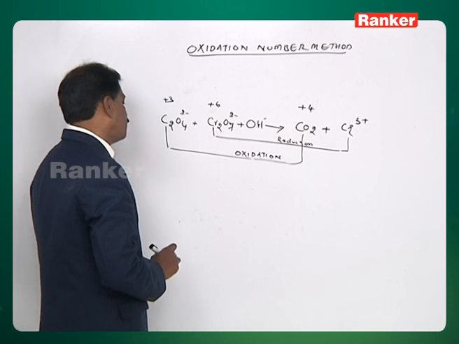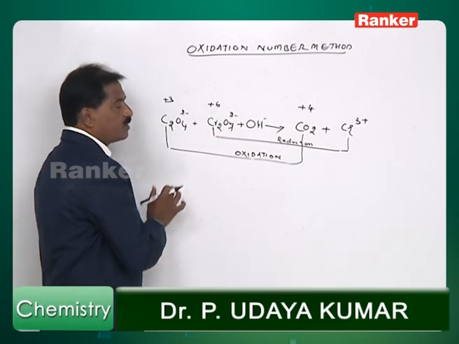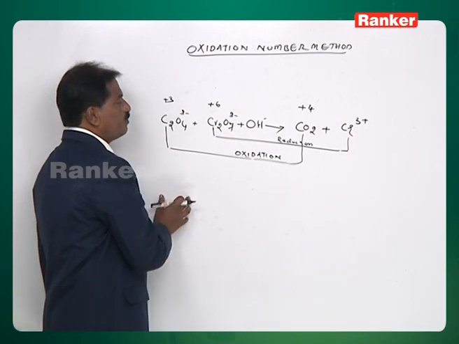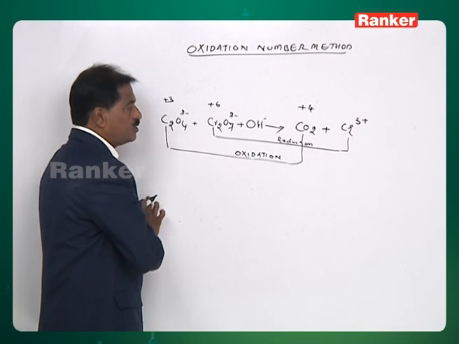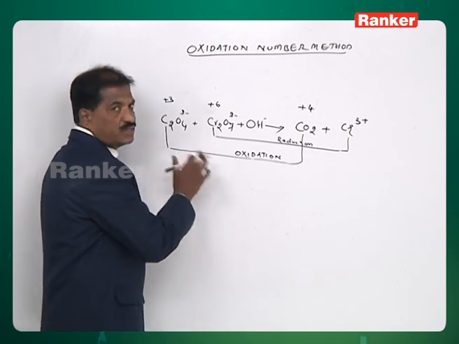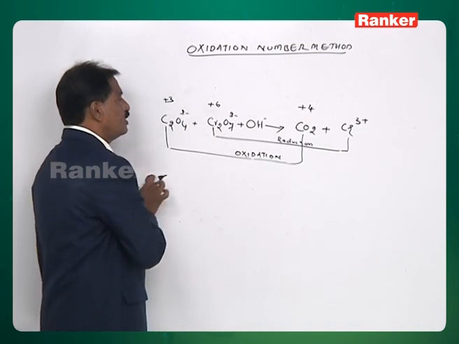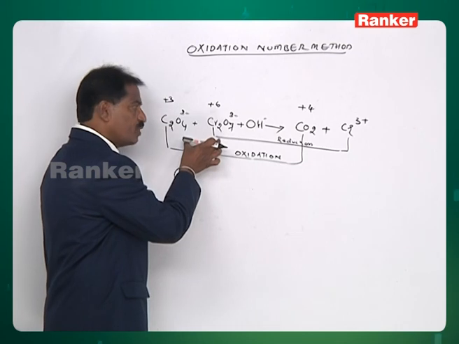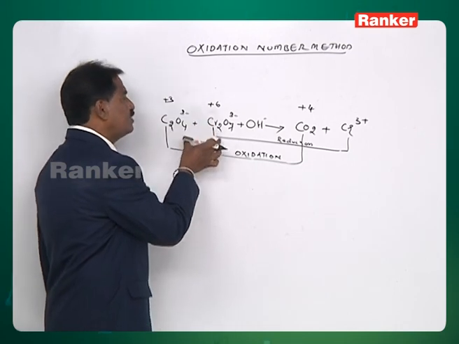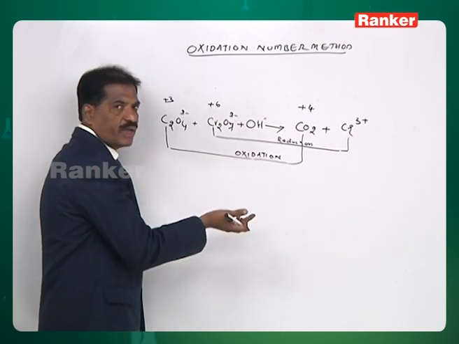So, what is the first step to balance this reaction through this method? In the first step, first identify the atoms whose oxidation state has changed. For which atoms has the oxidation state changed? For carbon as well as for chromium. Since there is a change in the oxidation state of carbon and chromium, first you balance the carbon and chromium atoms before you start the actual process.